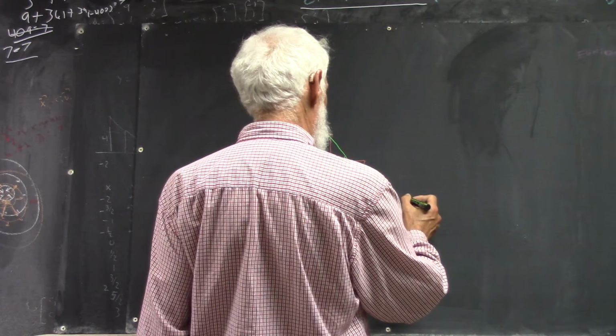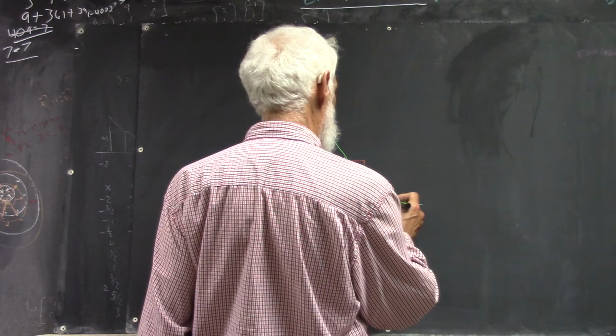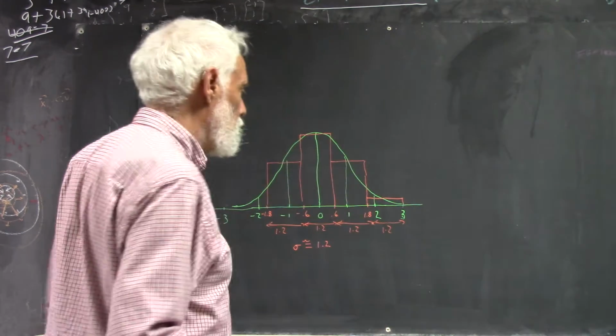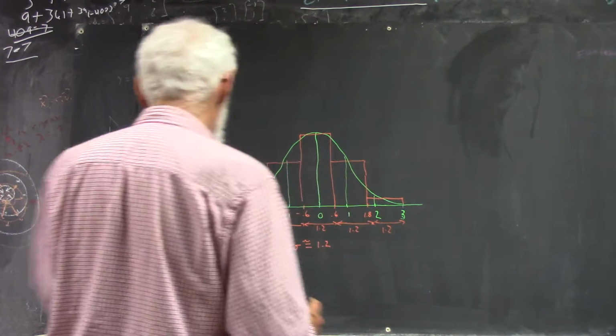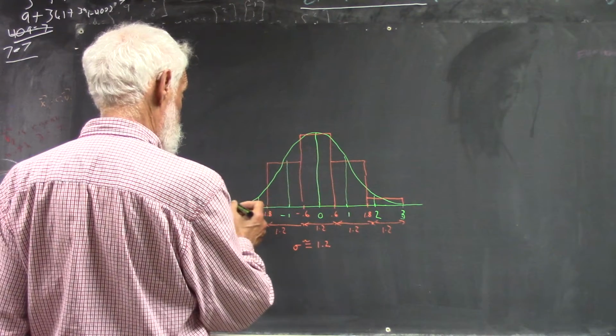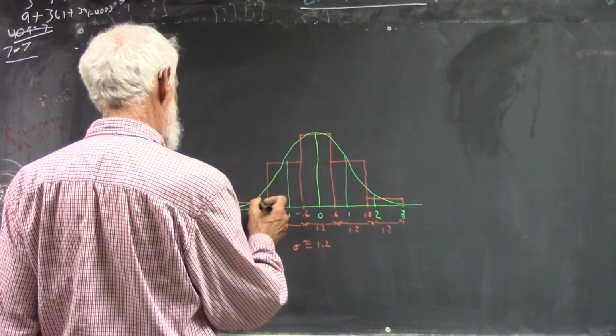And I've got to come up here and across here, and maybe this area here and this area here are more or less equal. I think I got close, but it's not all that good. And then I do the same thing over here.